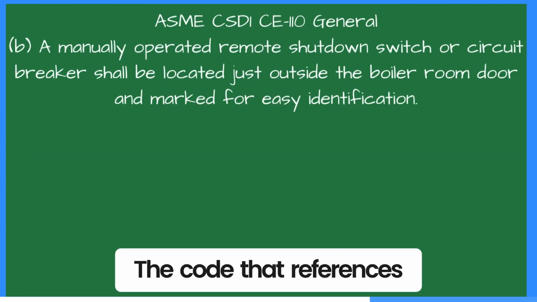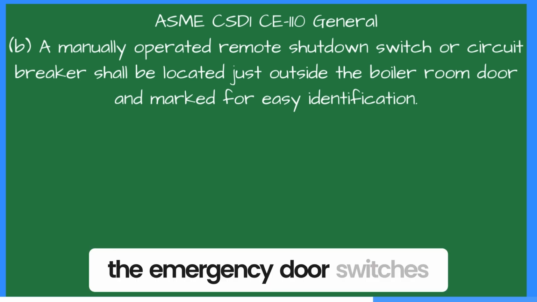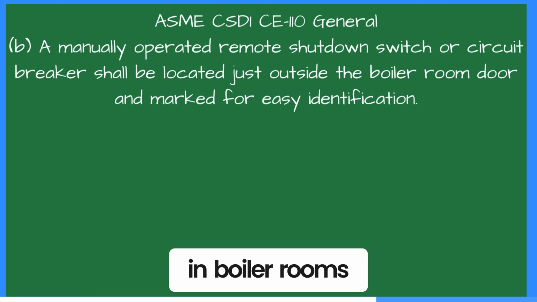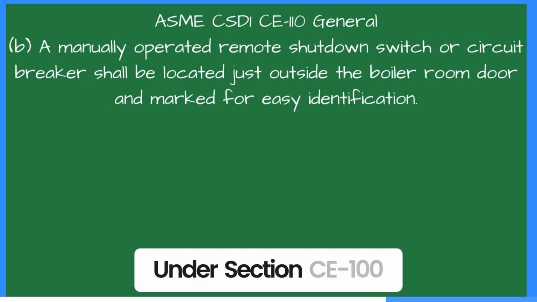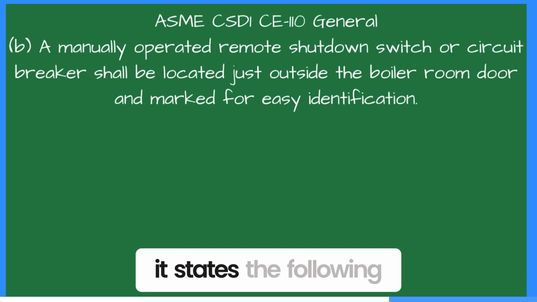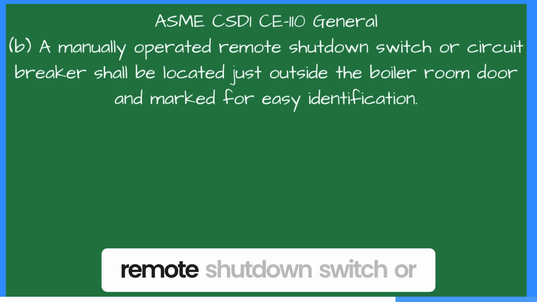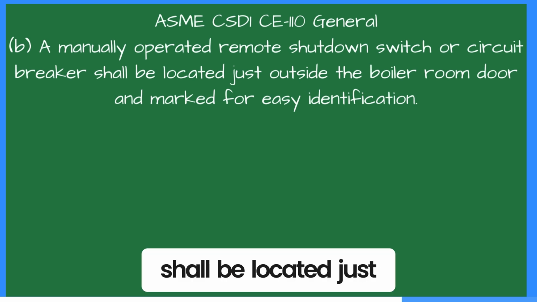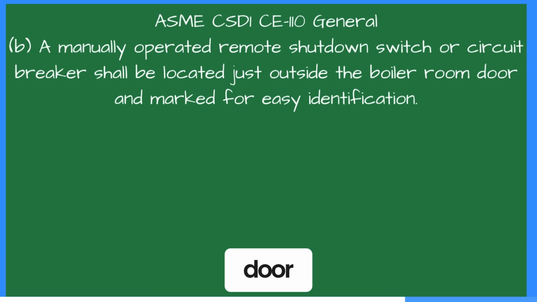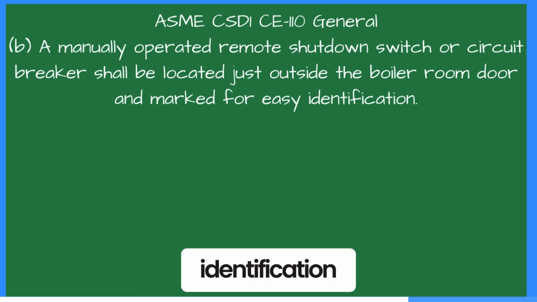The code that references the emergency door switches in boiler rooms is ASME CSD1. Under section CE-110, it states the following: "A manually operated remote shutdown switch or circuit breaker shall be located just outside the boiler room door and marked for easy identification.